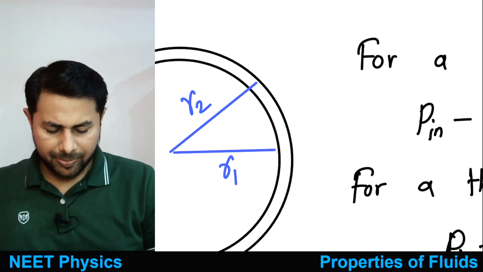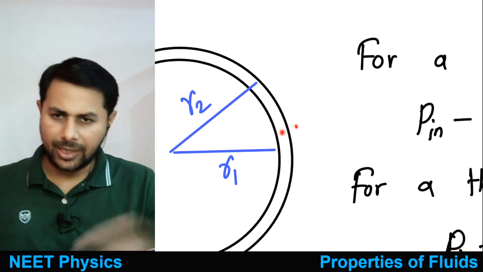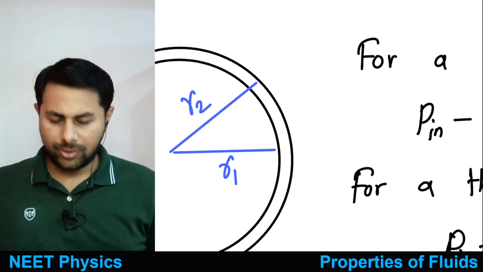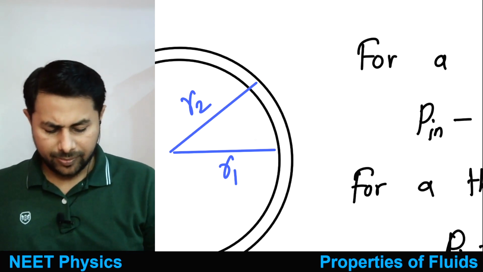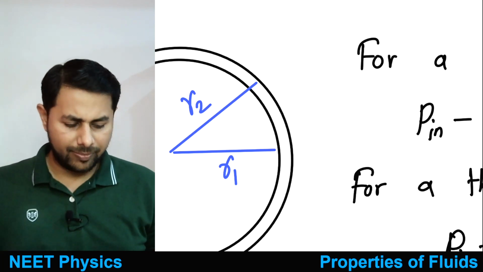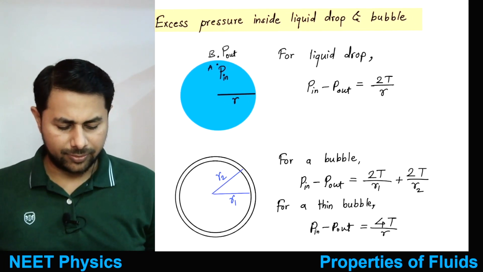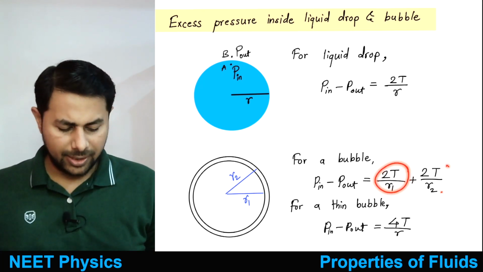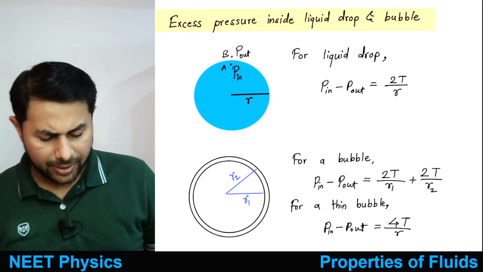Then there would be a pressure difference between this point and the point outside, that would be 2T divided by R2. So what would be the net pressure difference? It will be 2T divided by R1 plus 2T divided by R2, right?